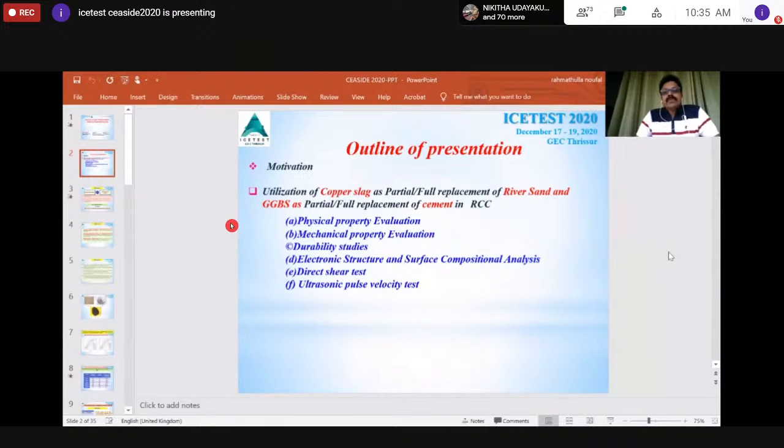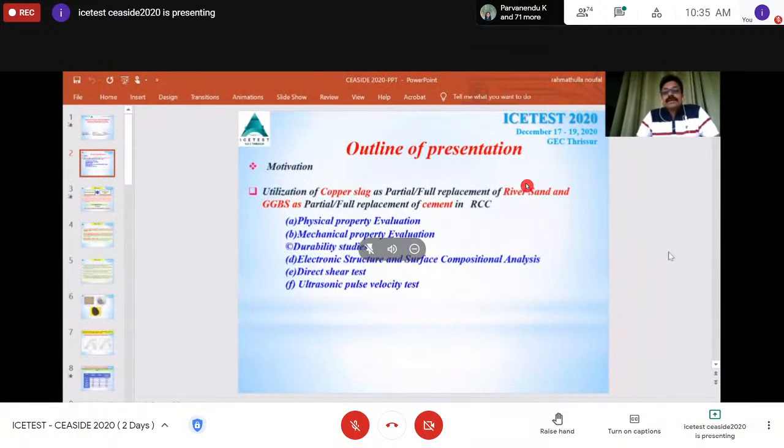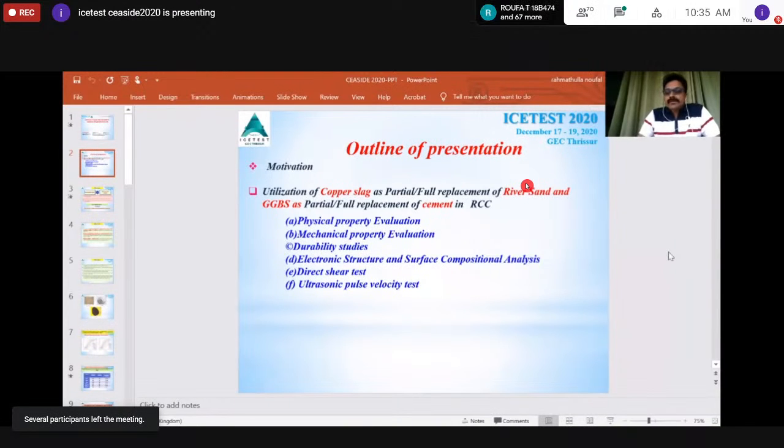So physical property evaluation is done for the concrete and materials, mechanical property evaluation is done, durability studies are also conducted, elemental properties are calculated by using compositional analysis, and direct shear test is done to find out the friction of the particles, and ultrasonic pulse velocity test is also done. It is a non-destructive testing to find out the quality of the concrete.